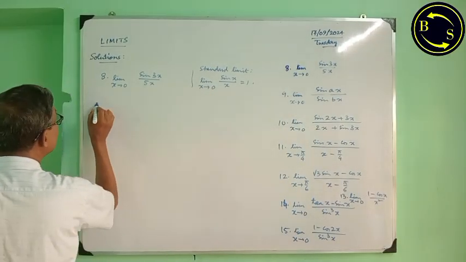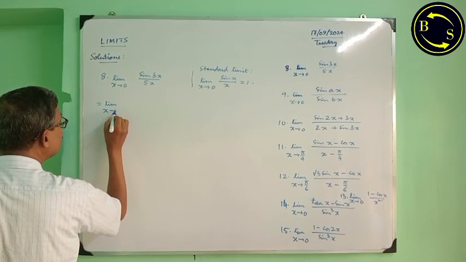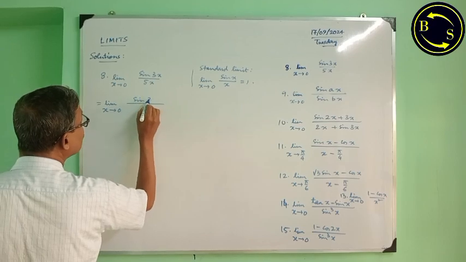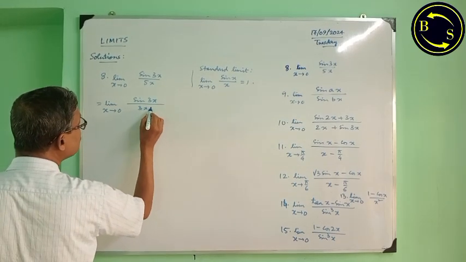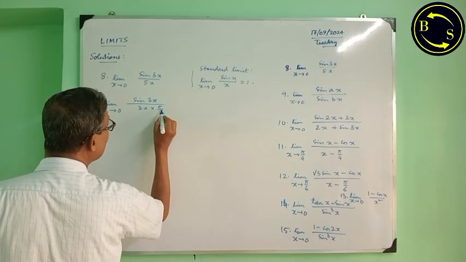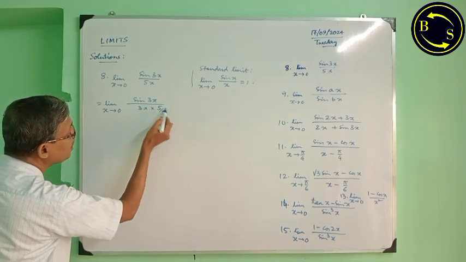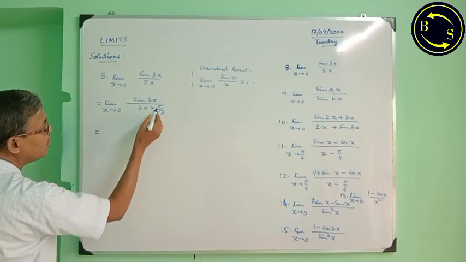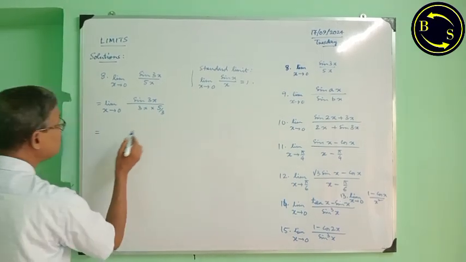You see, limit x tends to 0, sin 3x by 3x into 5 by 3. Now, if I simplify the denominator, I will get 5x. Now, 5 by 3 at the denominator is the constant one.